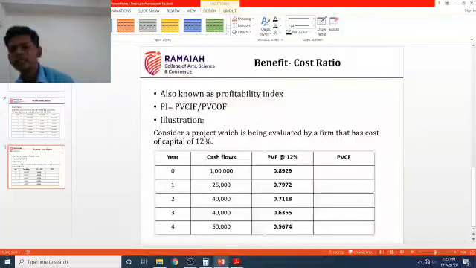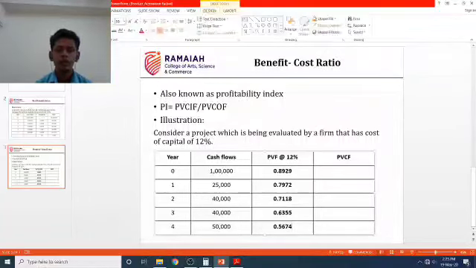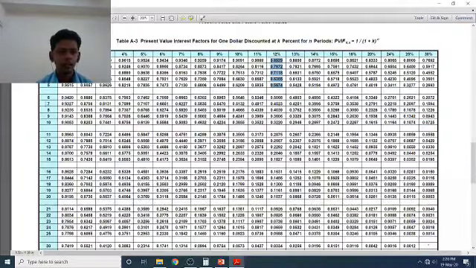You just have to copy those numbers which will be there in your present value tables, right? You just have to take those numbers from there. You need to be careful as to which column and which row you are looking at, right? Now, let's start multiplying. There is one mistake: for year 0 we had taken it as 0.8929, which is wrong. This 0.8929 is for the first year, correct?